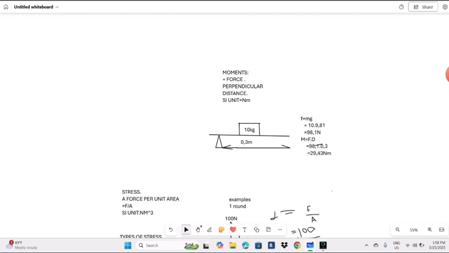So we are going to multiply our mass by 9.81, and it is going to give us 98.1 newtons. We know that moments are a product of force and distance. Then we're going to multiply our force, which is 98.1, by 0.3, which is going to give us 29.43 newton meters. That's our moments, and that's how we calculate moments.